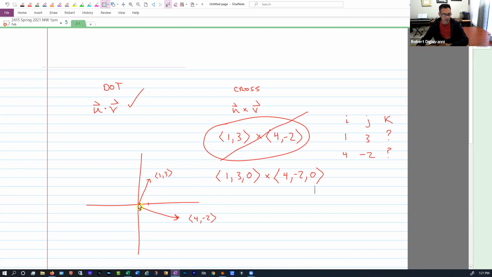It will either be coming out straight towards us or going directly into the page. So it's kind of like the torque, isn't it? I just want you to understand that the cross product in general requires vectors in three-dimensional space. If we see vectors in two-dimensional space, we can still do it, but we have to expand our space by one dimension.